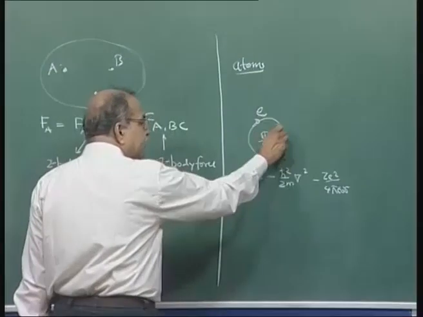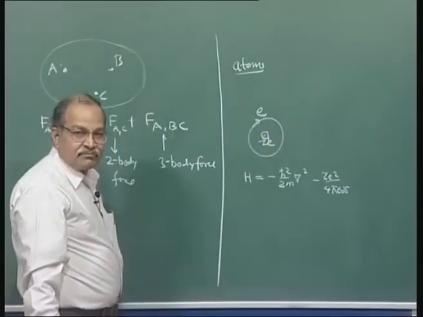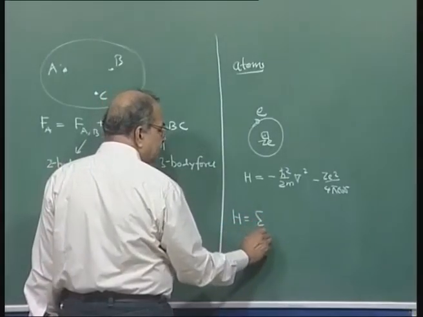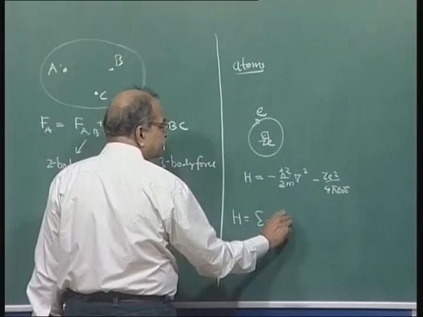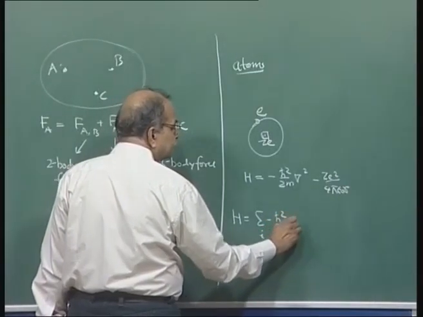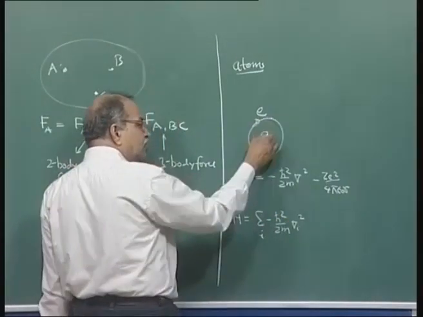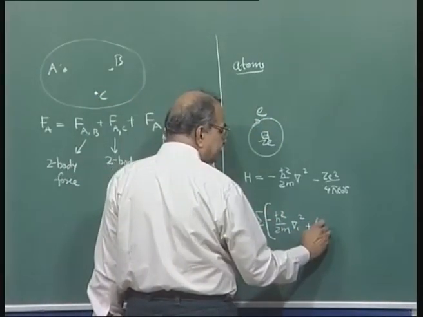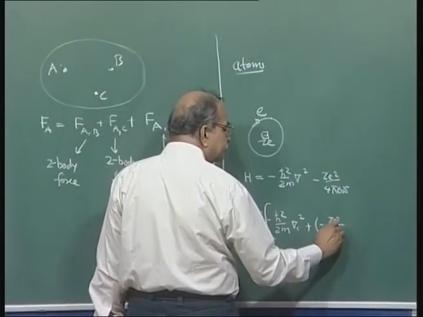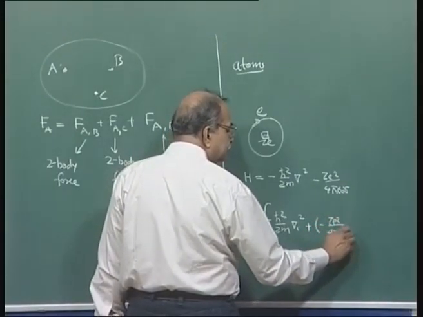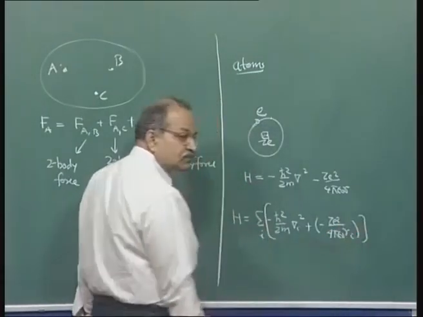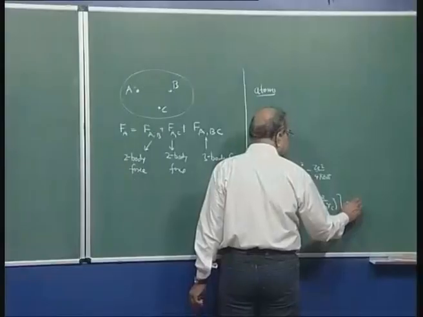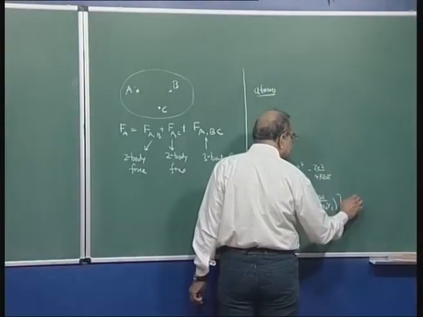But if you have a multi electron system, then the Hamiltonian will have, for each electron, a kinetic energy term, for each electron a potential energy with the nucleus, and on top of that you will also write the interaction energy among the electrons themselves.